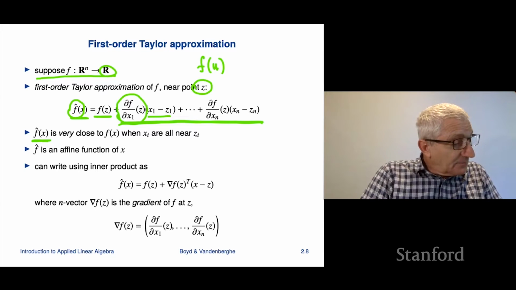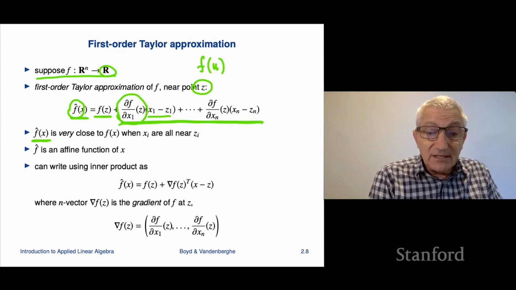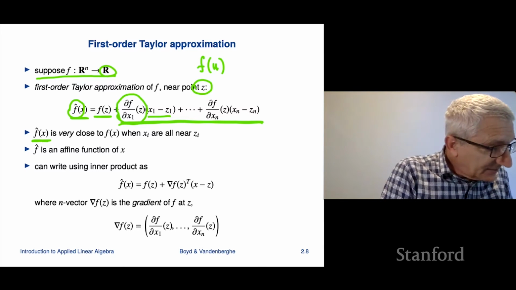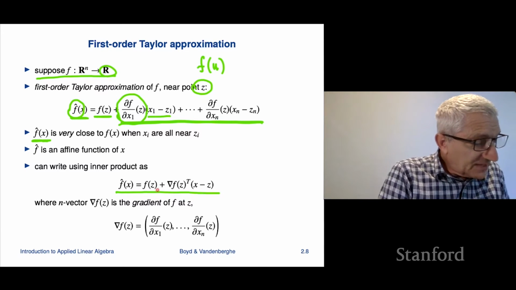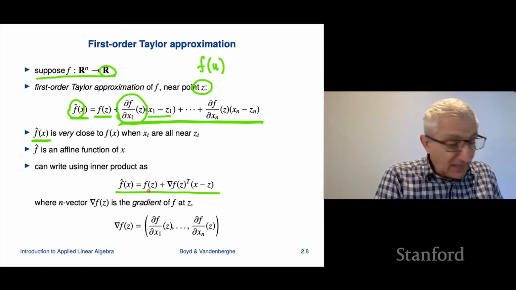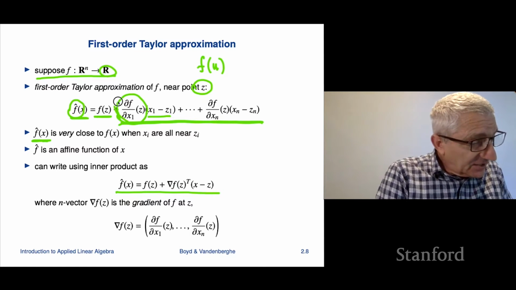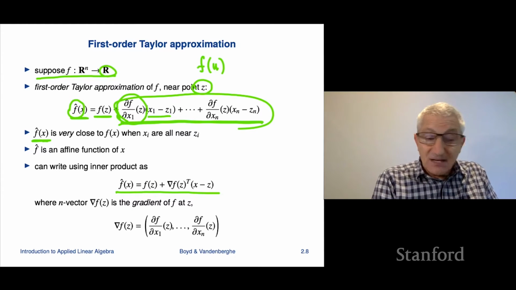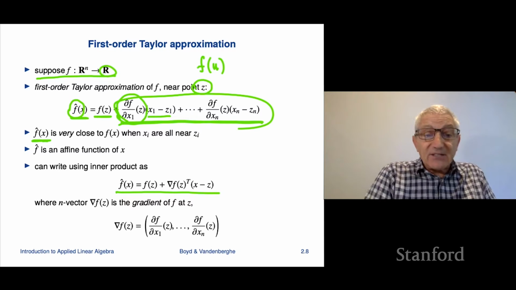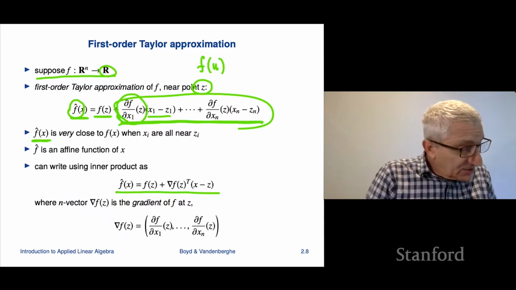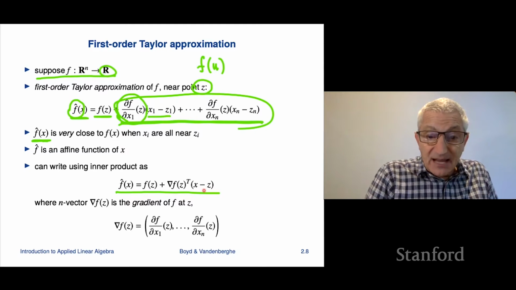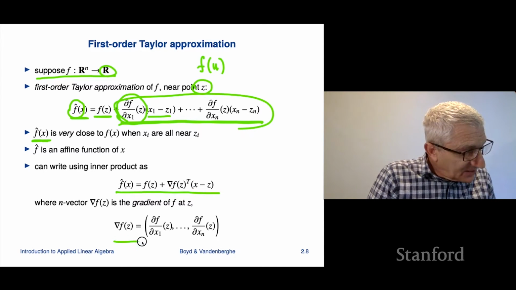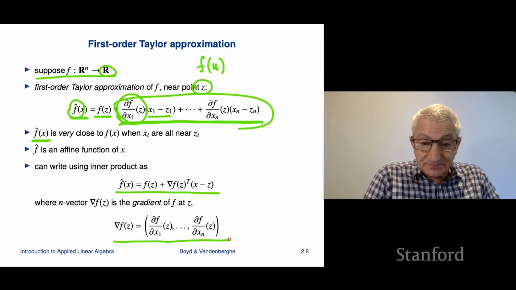Now we can write out this Taylor approximation using vector notation and inner product. It looks like this: f hat of x is equal to f of z, that's a number, plus, if you look at this term, you will recognize it is a sum of products of two things. If we collect those into two vectors, one is the vector x minus z, and the other is a vector whose components are these partial derivatives, and that's called the gradient vector.